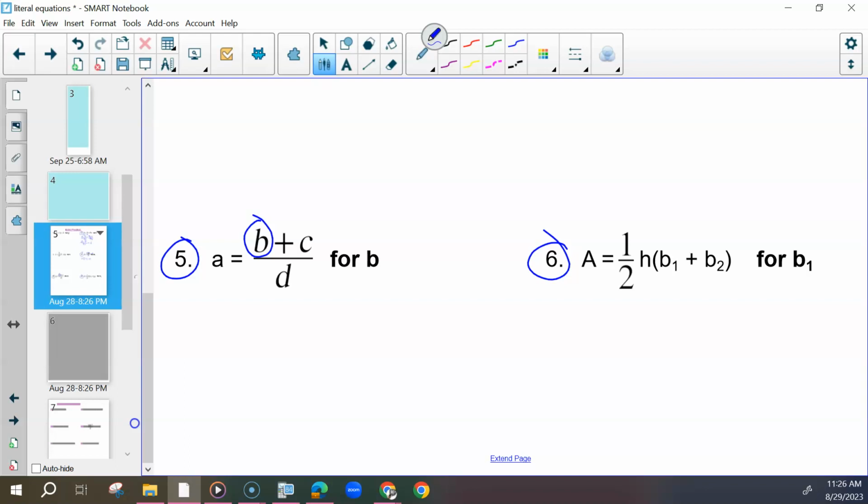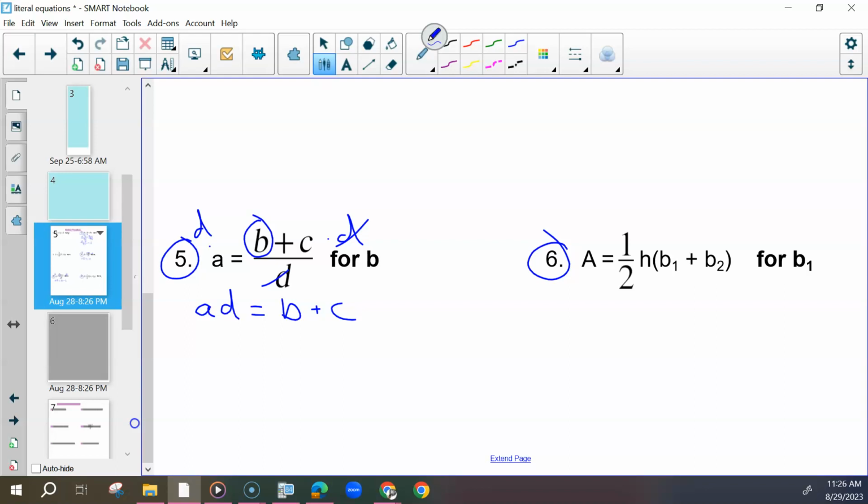And how would we get rid of D? Multiply. Same thing we just did. Multiply D on both sides. So this D and this D cancel, and this becomes AD. So we're closer to getting B by itself.